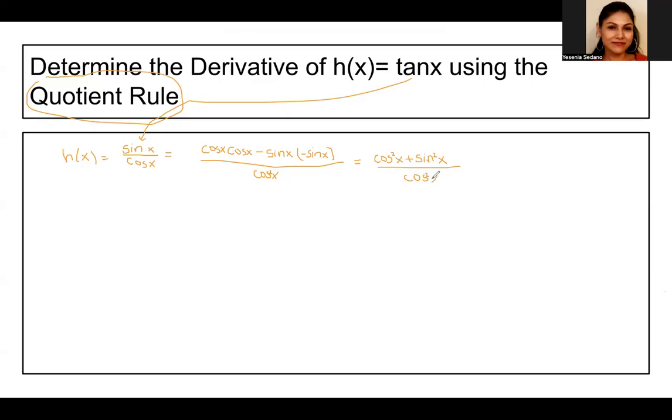In the numerator, what you have is the main Pythagorean identity, which is sine squared plus cosine squared is equal to 1. It doesn't matter if cosine is first or sine is first because addition has this commutative property where it doesn't matter whether you write it forward or backward. It means the same thing. So anyways, cosine squared plus sine squared, guys, that's equal to 1.